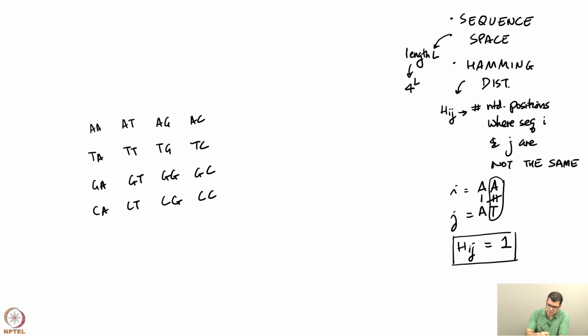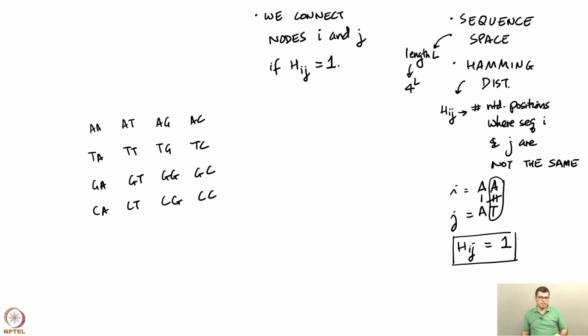So having made these nodes, we represented each sequence by these nodes. The next step is that we will connect nodes I and J if Hamming distance Hij is exactly equal to 1. In the DNA sequence of length 2, what we have is 16 nodes.